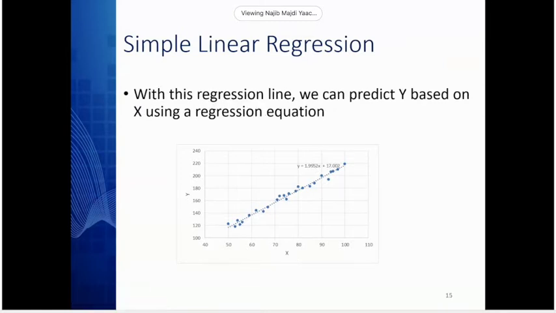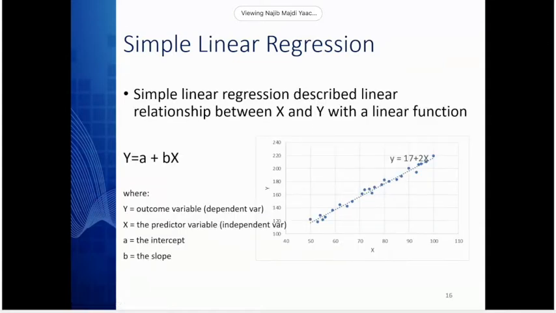Based on this regression line, you can come up with the regression equation. So now we are predicting the dependent variable based on one independent variable using this regression equation. Let's explore the meaning of this equation. It can be written as y equal to a plus bx.